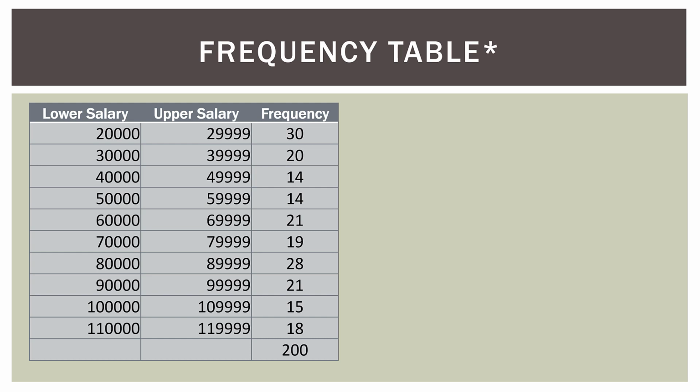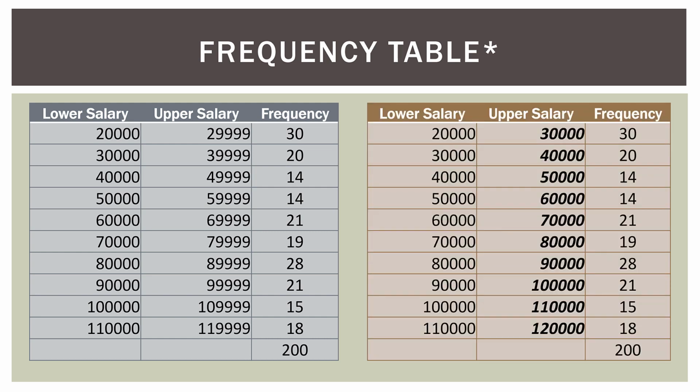Now, just for the sake of this video, I am going to make one small change to this table. What you will notice is that I've changed the upper salary to be just rounded up to the next $1,000. Now, I know what you're probably saying: hey, Brandon, this is not the proper way to do that, because which bin does $30,000 or $40,000 go in? Does it go in the one above it or the one below it? I understand that.